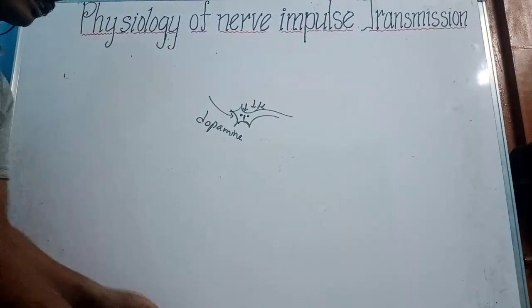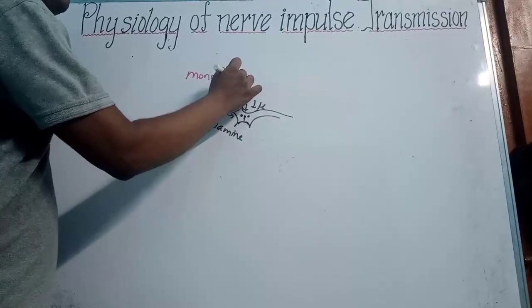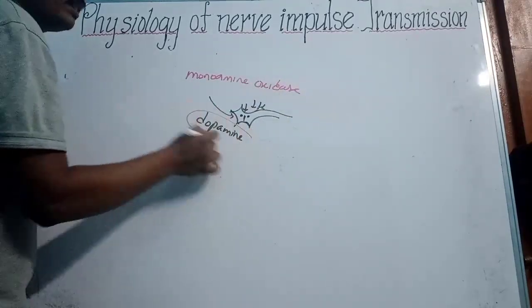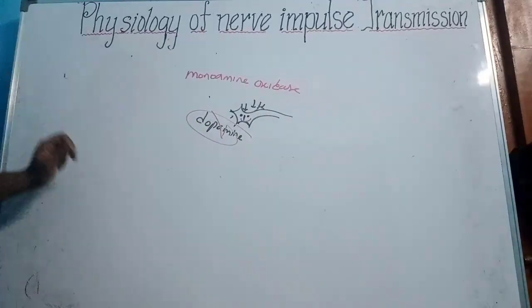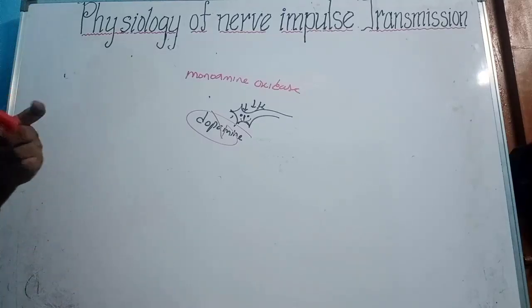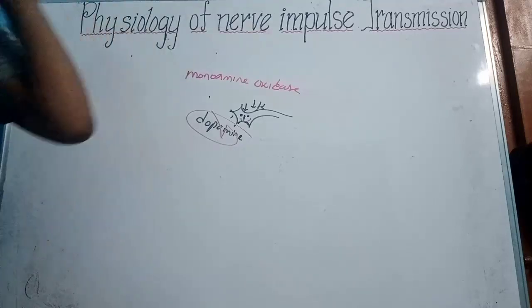Now who comes for the rescue? The monoamine oxidases come to the rescue and they break this one. Now there is nothing acting, and this guy becomes happy, ready for the next stimulus. That's how the stimulus is transmitted, how the depolarization wave is transmitted from one neuron to another neuron.